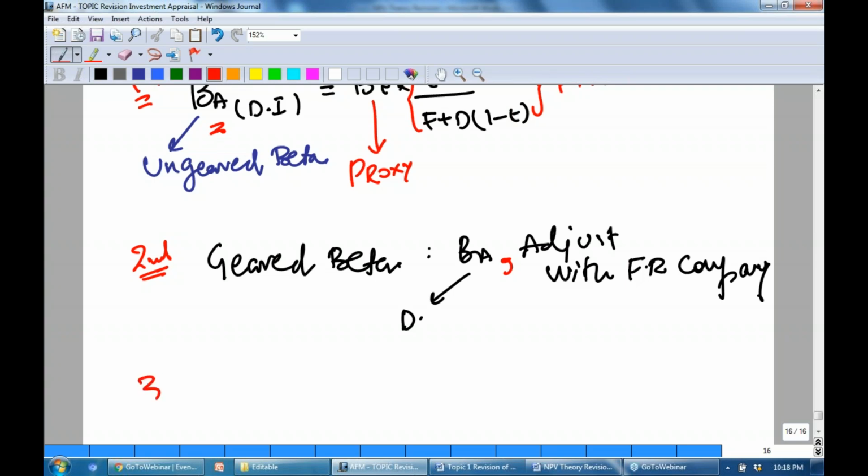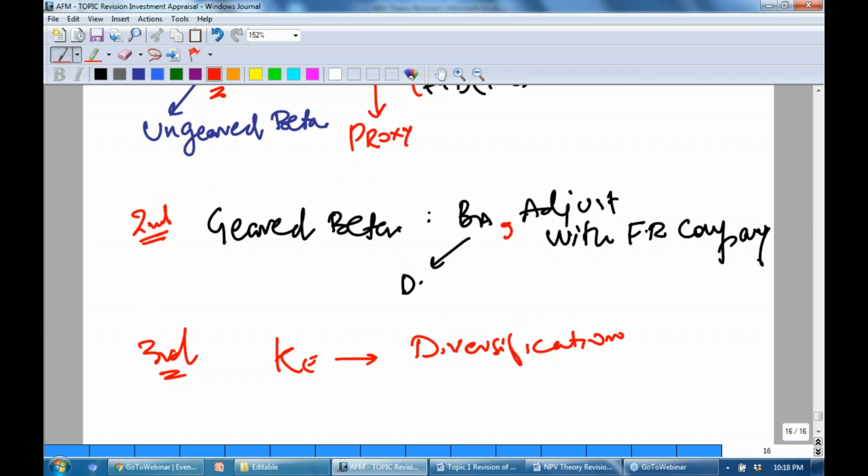And third step, the KE with respect to diversification. Now, based on this, we have to work out a question.